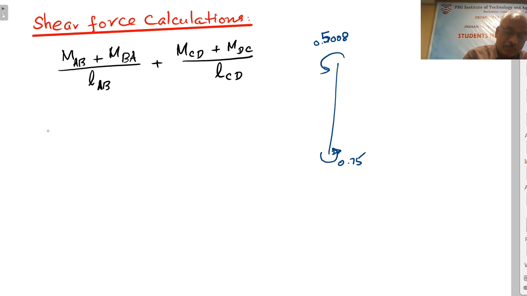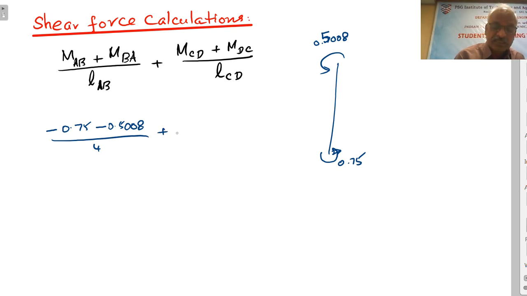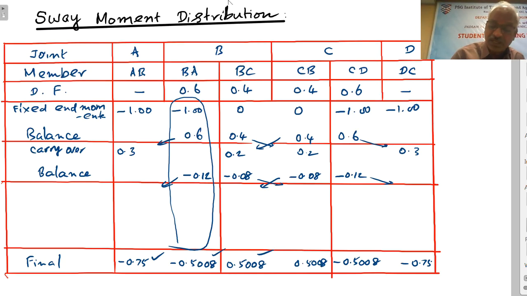So here MAB is minus 0.75, minus 0.75 plus of minus, or you can straight away substitute minus. In the place of plus, because this is anti-clockwise, minus 0.5008 by LAB equal to 4 meters. For MCD also, both values are minus only.